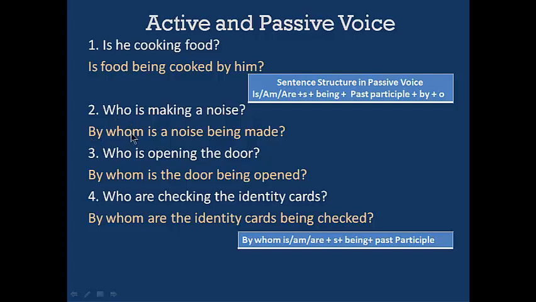By whom, and it should be followed by the auxiliary verb is, and then we have to add the object of the active sentence: by whom is a noise being made? And this actually becomes the subject of this sentence.